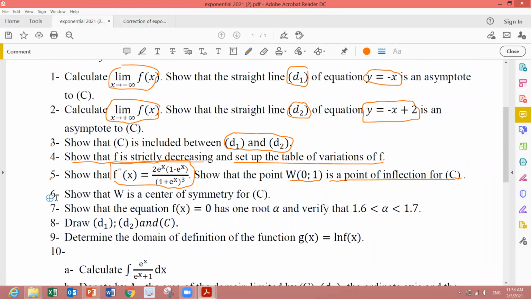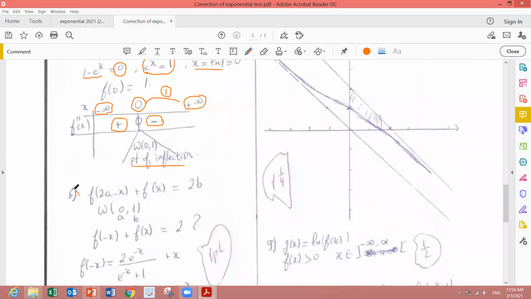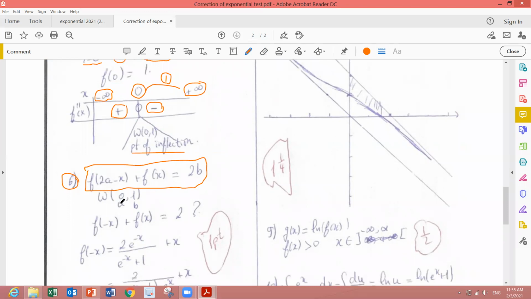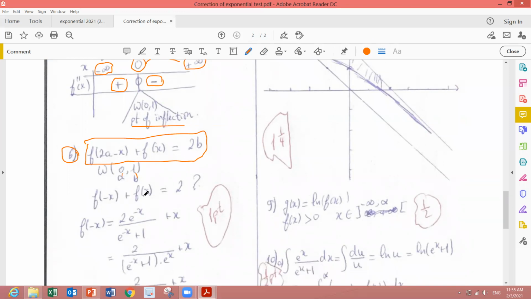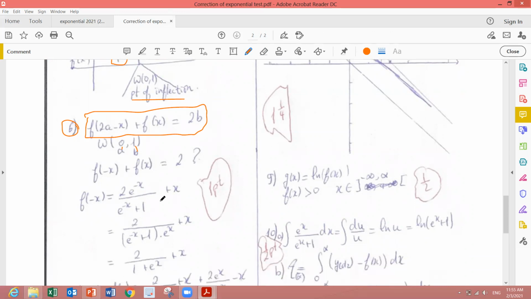Part 6. Show that W is a center of symmetry for C. The rule for center of symmetry is f of (2a minus x) plus f x equals 2b. Here a is 0 and b is 1, so we need f of minus x plus f x. For f of minus x, we replace each x by minus x.